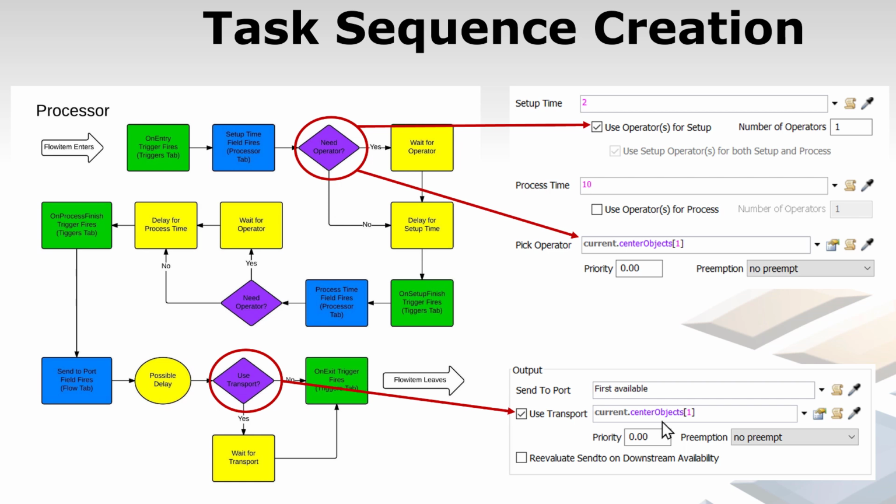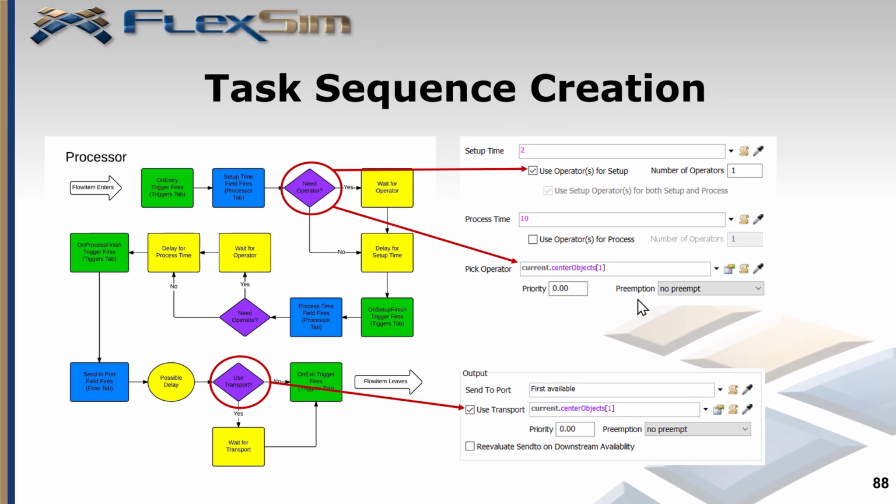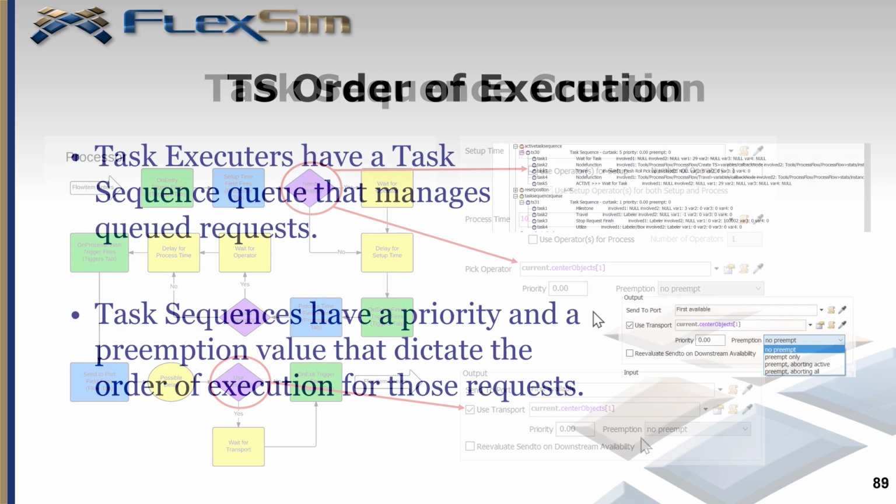As a reminder, the default expression for both this field and the Pick Operator field refers to the object that is connected to this current processor object's center port number 1. Now, the two attributes of priority and preemption are attributes of every task sequence and can be defined by us here and here on this property page as well.